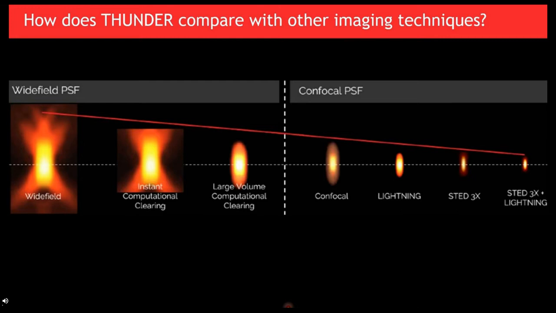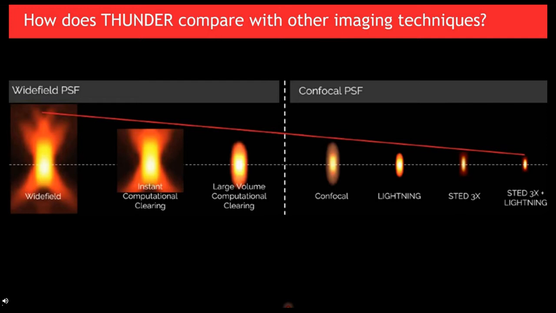How does Thunder compare to other imaging modalities with respect to the size of the point spread functions? Here's a plot showing you the size of the PSF for widefield and what the PSF would look like when we apply ICC.